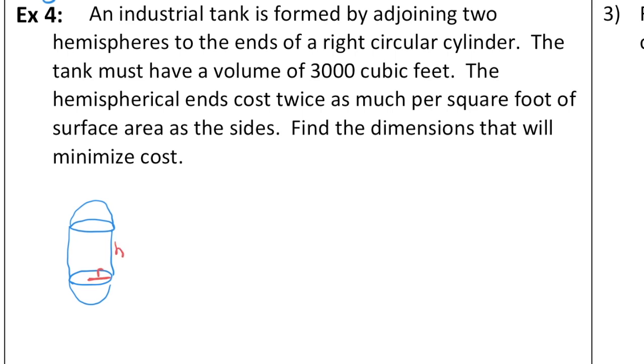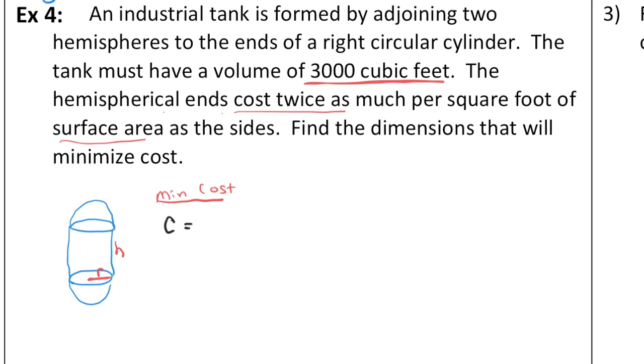Okay, so what we're trying to do here is take these hemispherical ends. We know that they cost twice as much as the surface area of the sides, and we want to minimize the cost, knowing that the volume is 3,000 cubic feet. So let's piece together a cost equation.